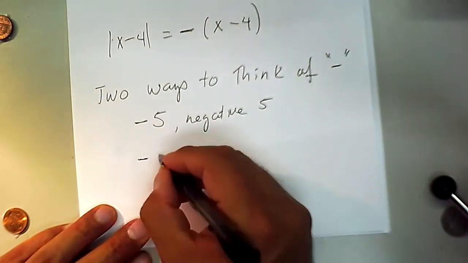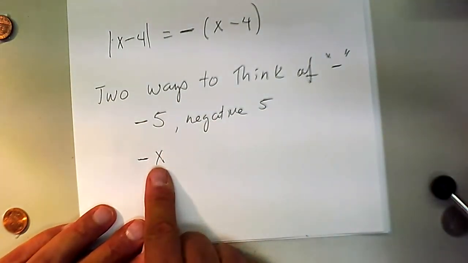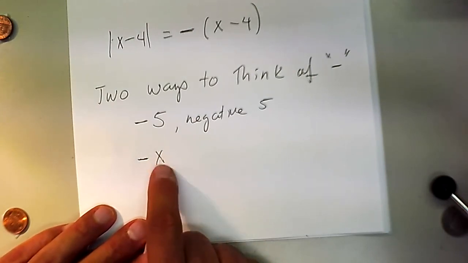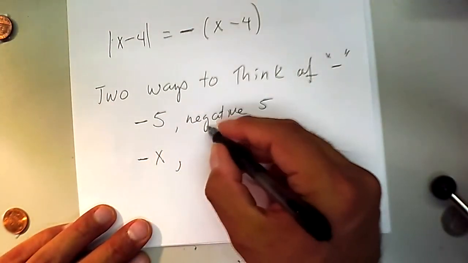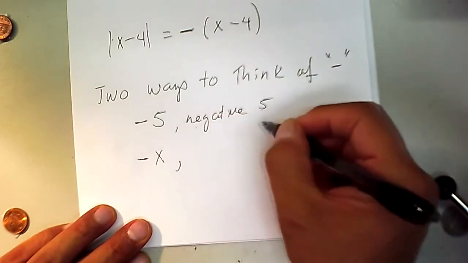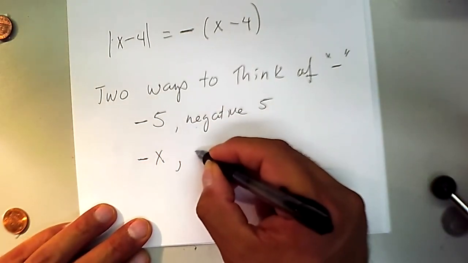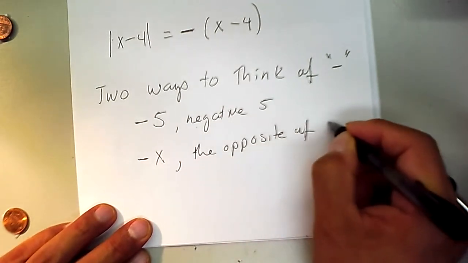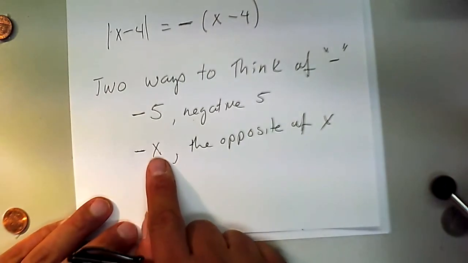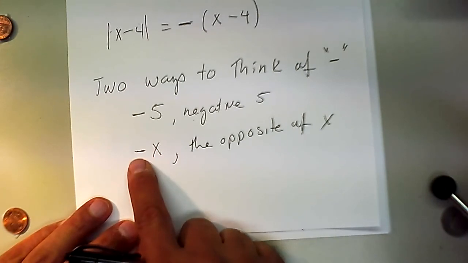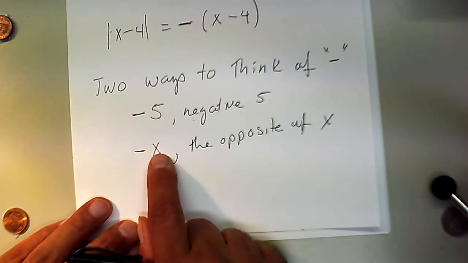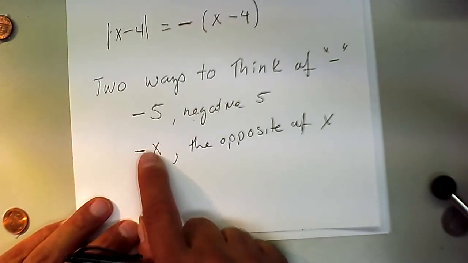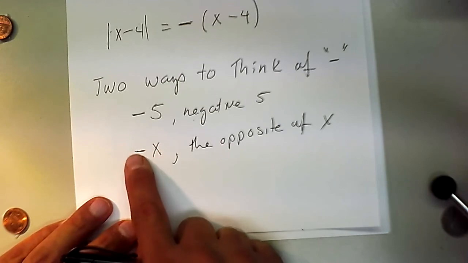But if we put it in front of a number for which we do not necessarily know whether that number is positive or negative, sometimes we use negative x, but technically speaking, it should be the opposite of x, because we don't know whether x will be positive or negative. If x is negative, its opposite is going to be positive. But if x is positive, its opposite is going to be negative. So whatever x is, we're doing the opposite.